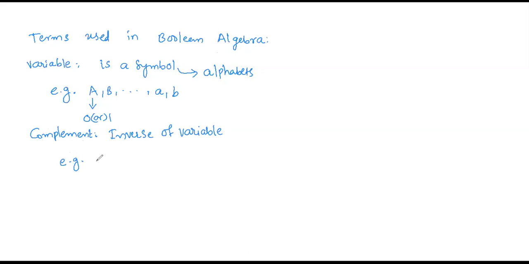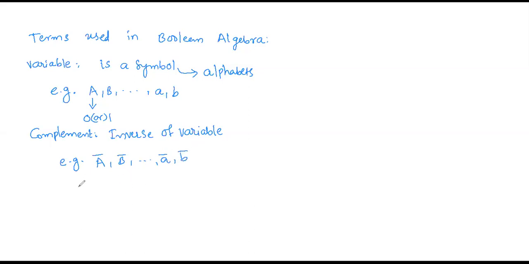Example, A bar. We need to pronounce this as bar. A bar, B bar, like this, small a bar, small b bar.